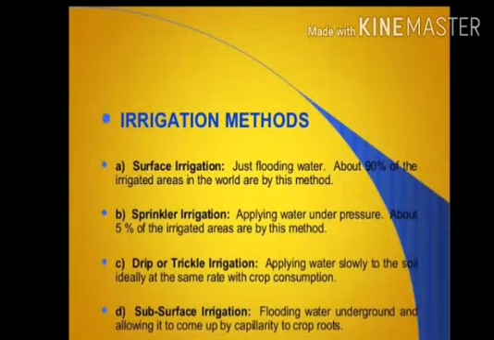Now, after applying all these things, water needs to be supplied. As we know, water is the universal solvent. The majority of substances dissolve in water. Here also, the nutrients, what I mean to say fertilizers, many chemicals dissolve in water.